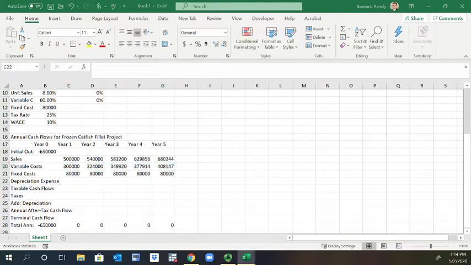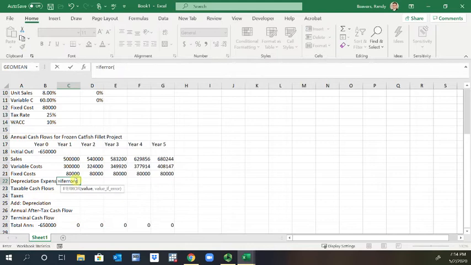The depreciation expense. So this is going to be using an IFERROR and a formula from the FAME functions that we added. So the formula is equal IFERROR parentheses FAME underscore MACRS B3 anchored comma B4 anchored comma C12 comma false parentheses comma 0.